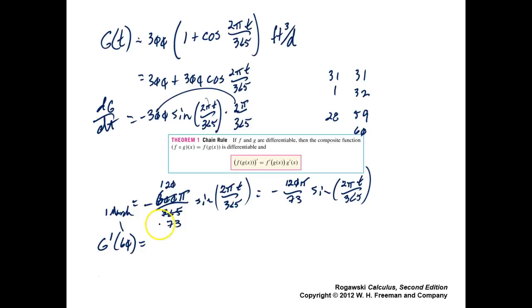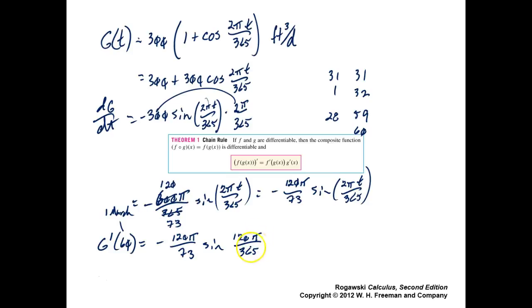G prime of 60 would be minus 120 pi over 73 times the sine of 60 times 2, that would be 120 pi over 365, because I plugged in t equals 60 there.